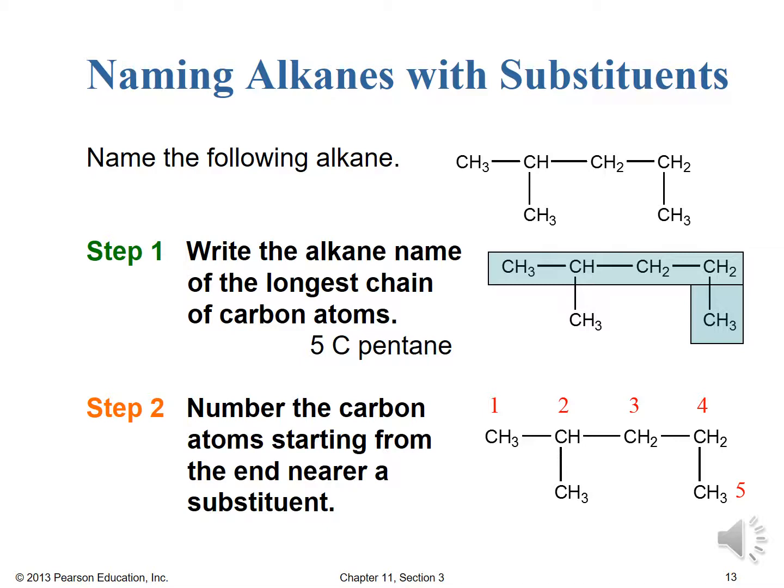Okay, so here we have an actual example, an alkane, right, with an alkyl substituent. And step 1, write the alkane name of the longest chain of carbon atoms. So we see the longest chain is going to be 5 carbon atoms long, and that's going to be a pentane. All right, and so there we have the way we could do it.